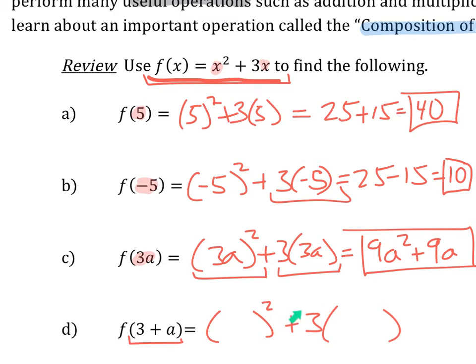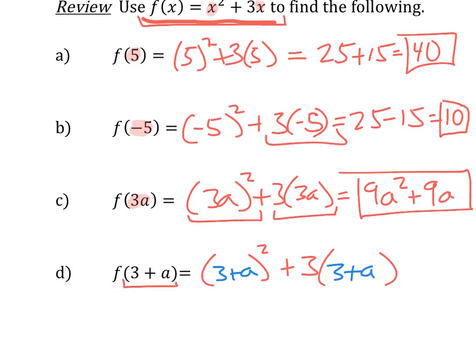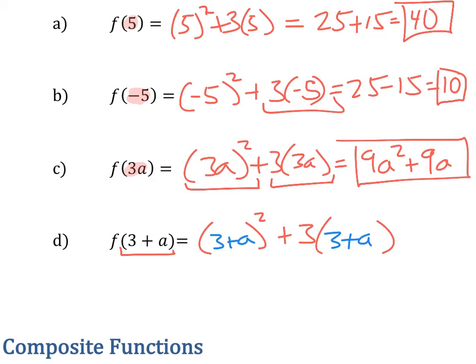See how this is saying the same thing? x squared plus 3x is input squared plus 3 times the input. Now I'm going to fill in that blank with 3 plus a, putting that everywhere that the x was, because x is the input.